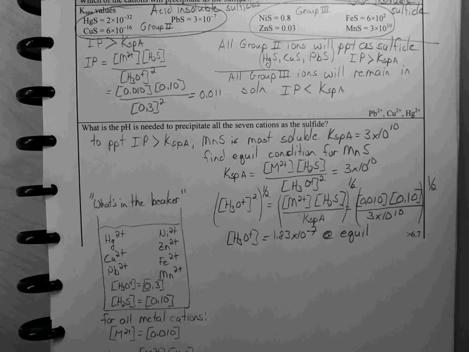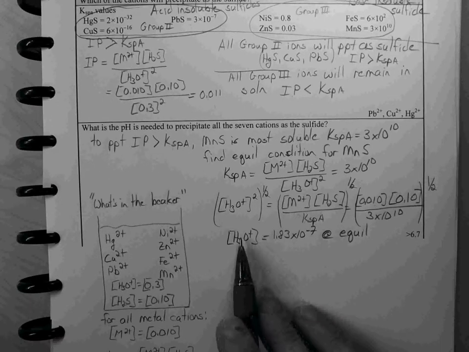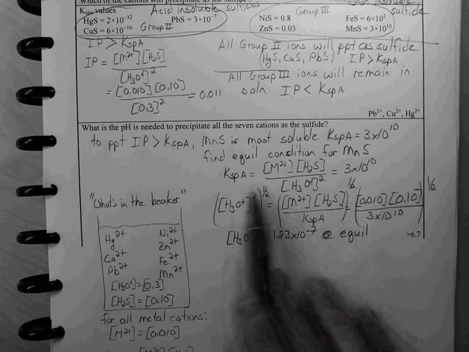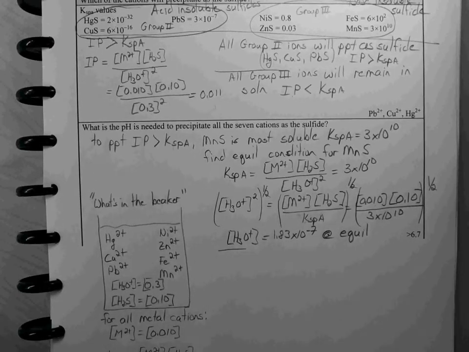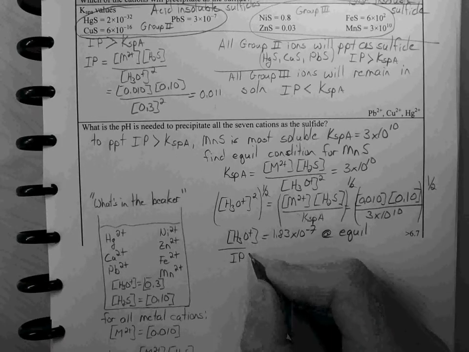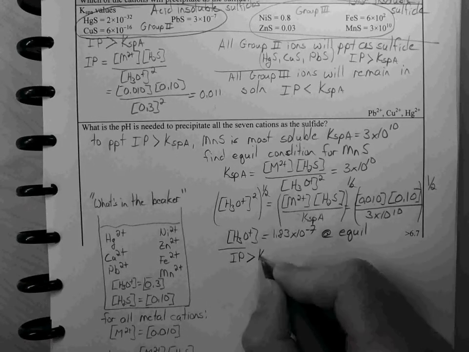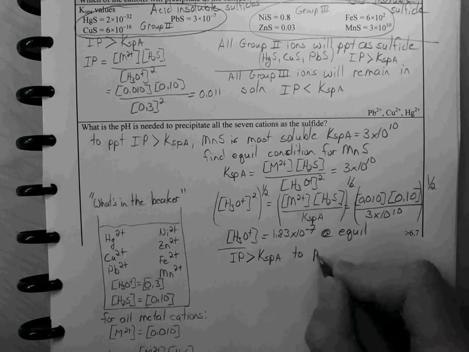Alright, so now we need to think about what we're going to do with this value. This is the concentration of H3O+ ion at which manganese sulfide is at equilibrium. We want it to precipitate. So let's remind ourselves, IP has to be greater than KSPA for this to precipitate.